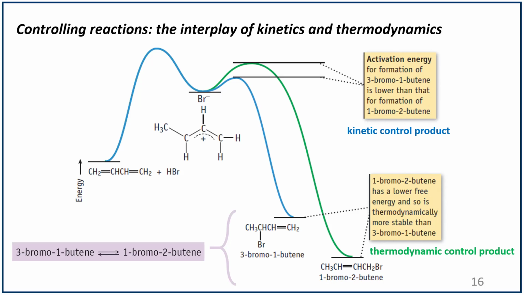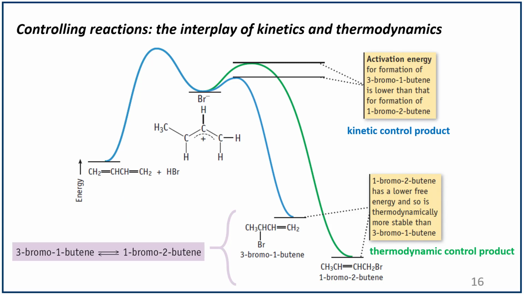So now the formation of 3-bromo-1-butene and 1-bromo-2-butene from 1,3-butadiene and hydrogen bromide actually has two reaction profiles. The one here in blue shows the reaction profile for 3-bromo-1-butene, okay? And the reaction for the formation of 1-bromo-2-butene is actually depicted in the graph in red.